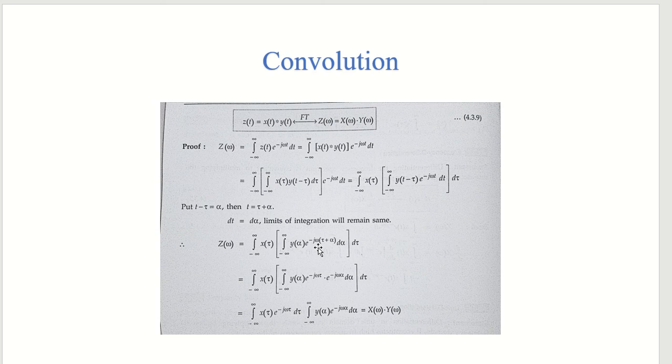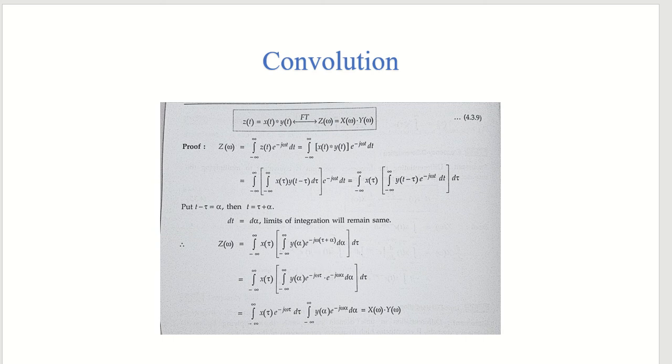So both of these integral terms represent the Fourier transforms of x of t and y of t. So we will write X of omega into Y of omega, and that's the proof for convolution.